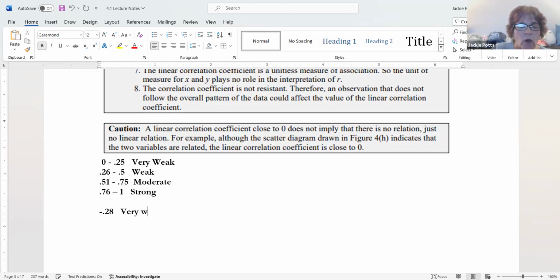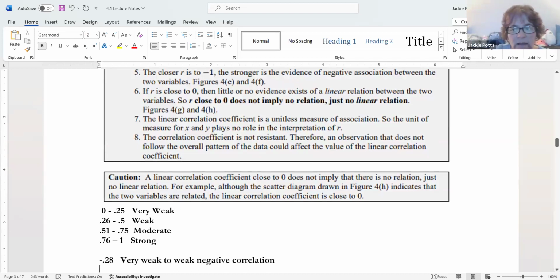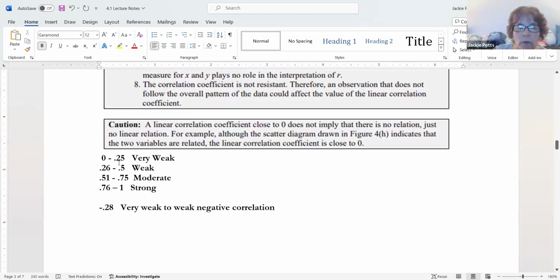I could say it's a very weak to weak negative correlation. It's not exact. Just because it's so close to the cutoff, I could overlap these two. It's okay. Or I could just say it's weak.